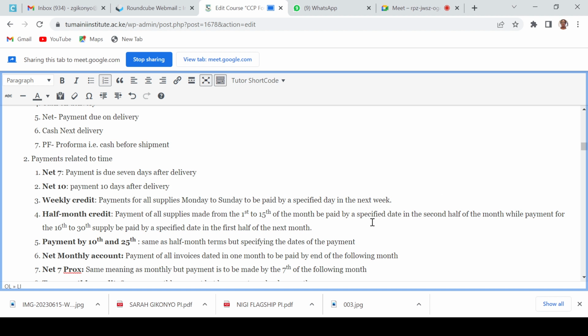So tuseme all supplies from date 1 up to leo date 15th zitalipwa a specified date within the next half of the month. Alafu hizo zenye tutasupply kuanzia kesho 16th kwenda to 30th zitalipwa maybe the first week ya hiyo mwezi ingine yenye inafuata. So hiyo inaitwa half month. It is, mtaielewa tu, si kitu ngumu.